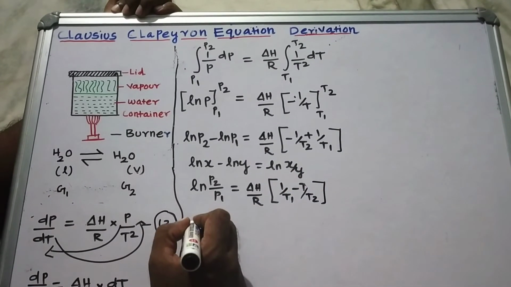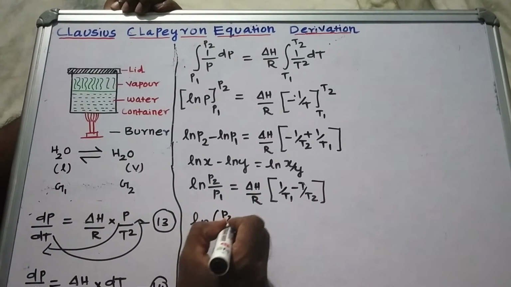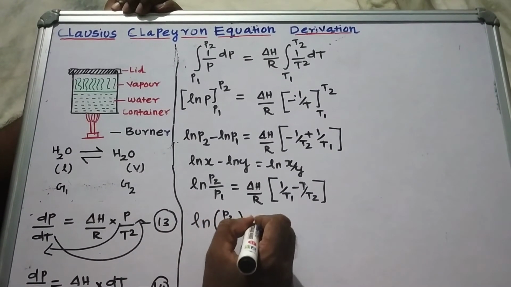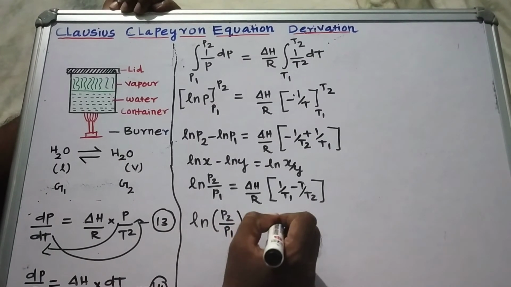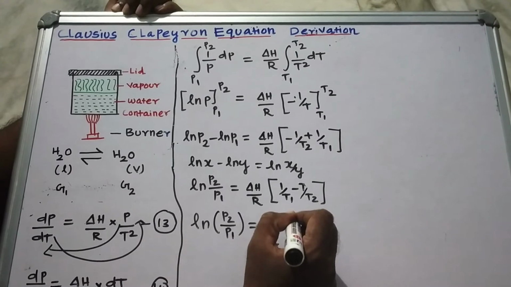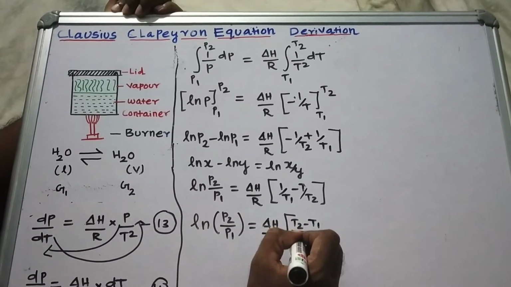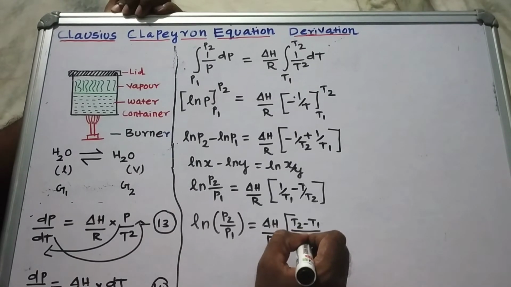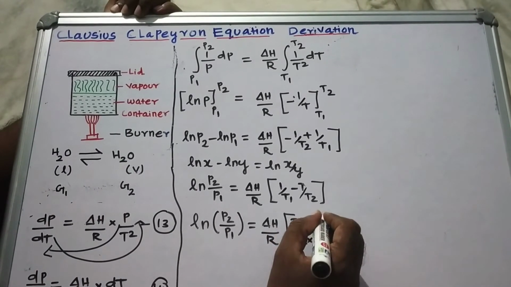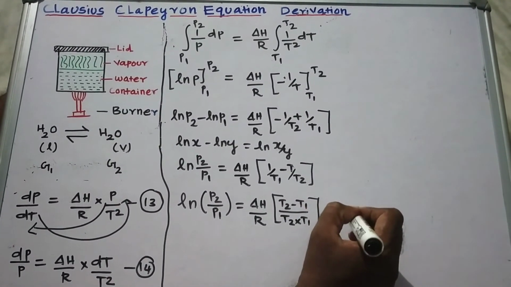Okay. Then ln P2 by P1 is equal to ΔH by R. By taking the LCM, it becomes T2 minus T1 divided by T2 into T1. Okay, this is equation number 15.